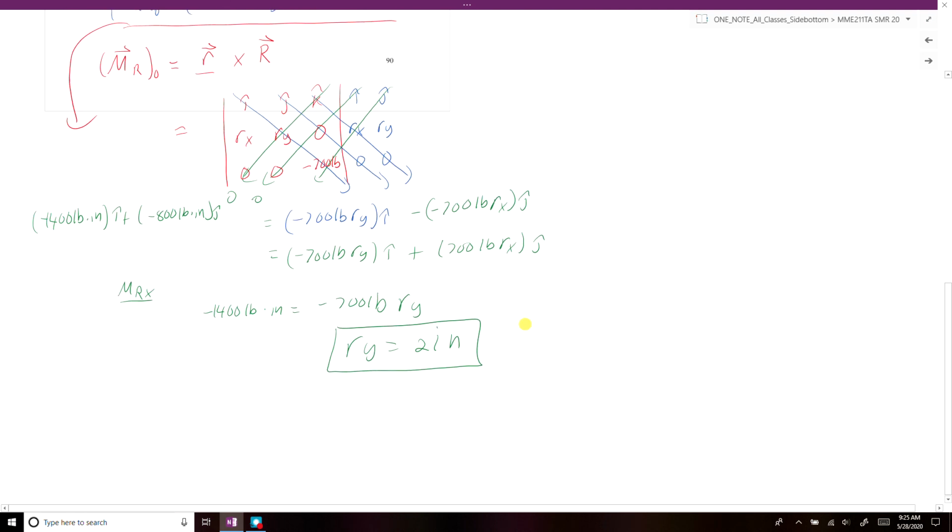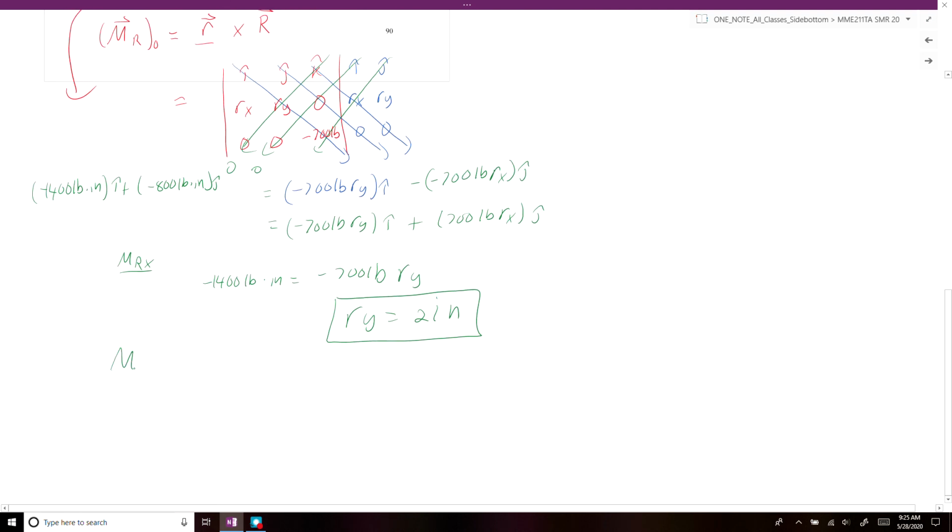And then if we did the same thing with the Y component of our resultant moments, we would get minus 800 pound inches would be equal to 700 pounds Rx. Rx would be equal to minus 1.14 inches.